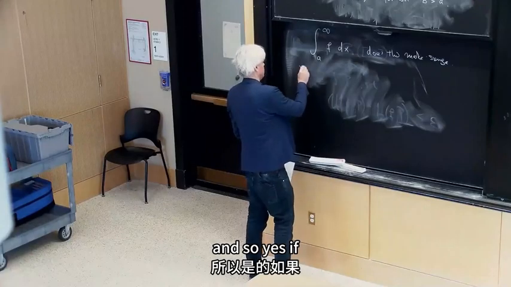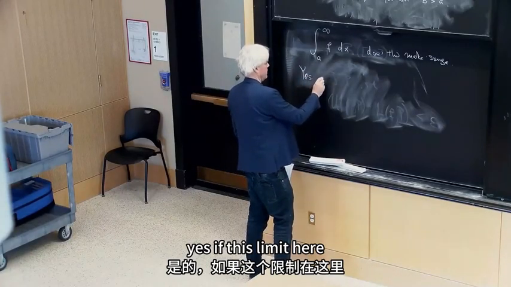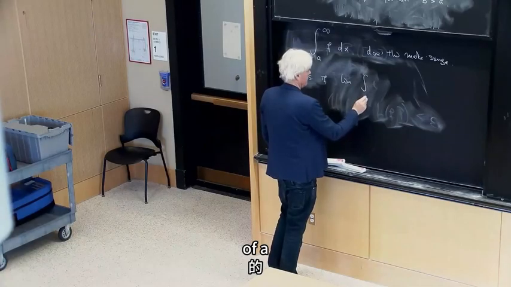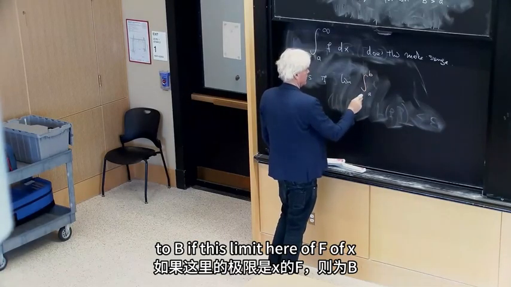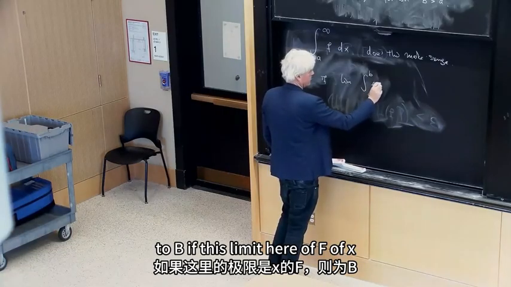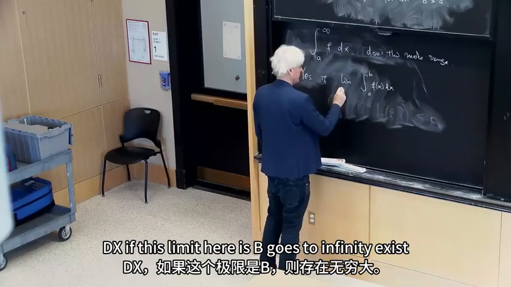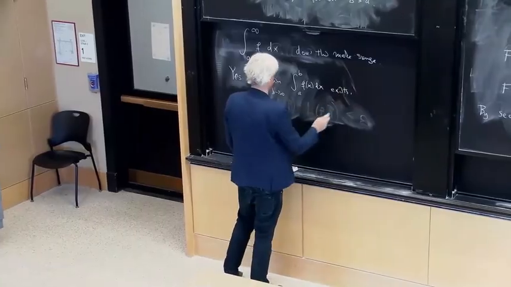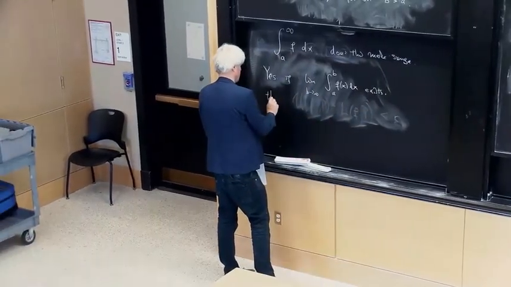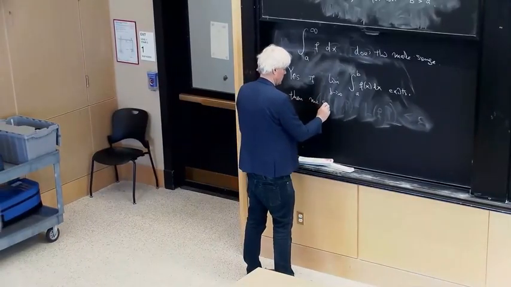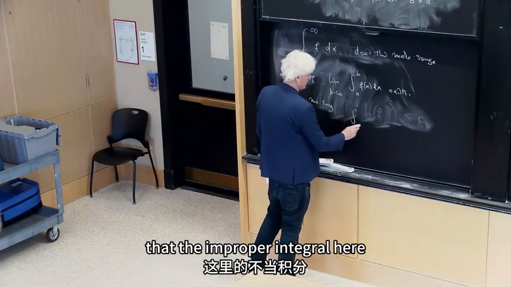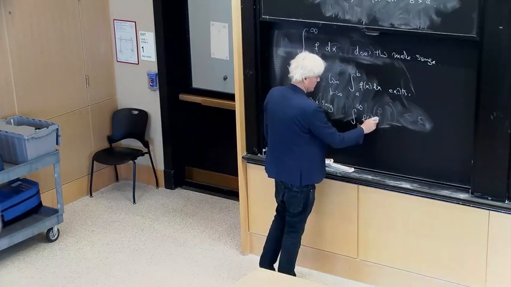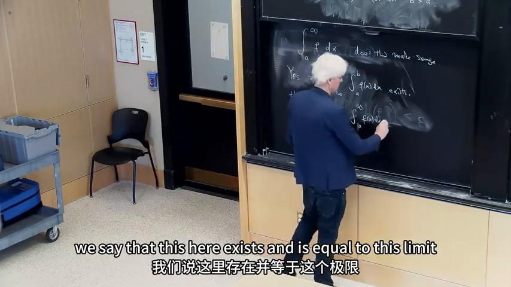And so if this limit here, of the integral from a to b of f of x dx, as b goes to infinity exists, then we say that the improper integral from a to infinity of f of x dx exists and is equal to this limit.